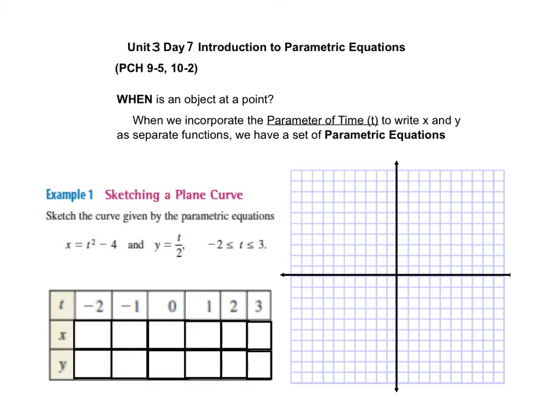And what happens is we represent x and y, and z if we're in 3 dimensions, as separate functions relative to time. Then not only do we get a location, but we also get a time of when we were at that location.